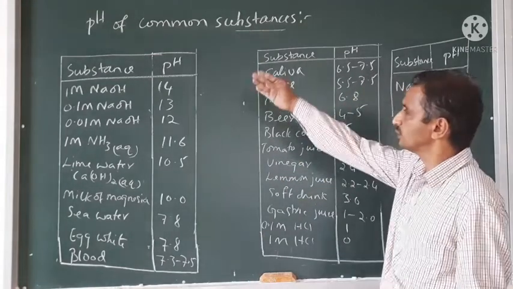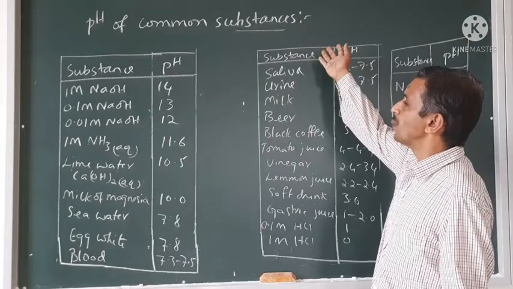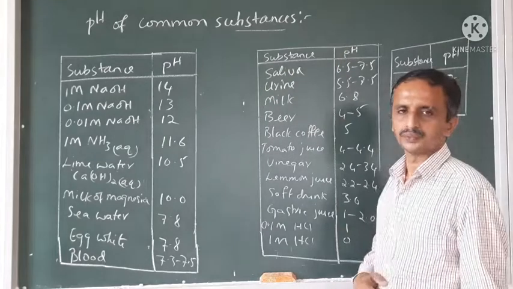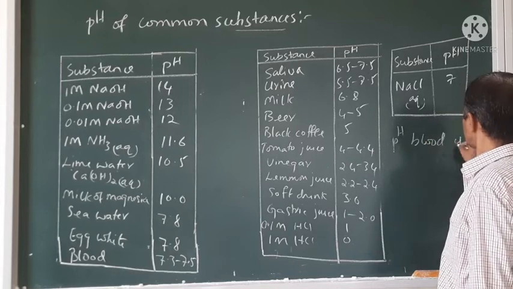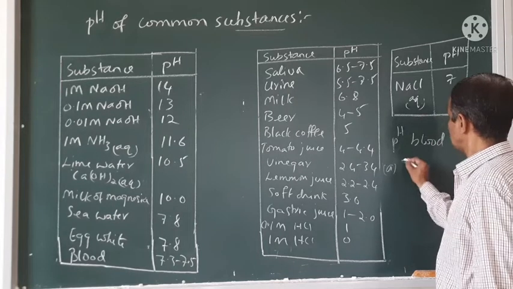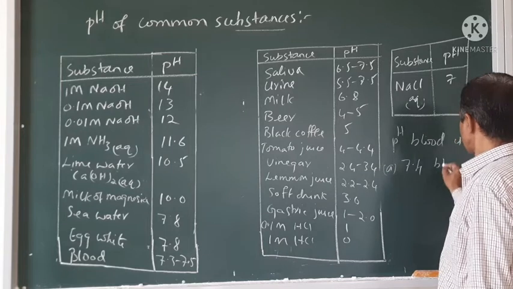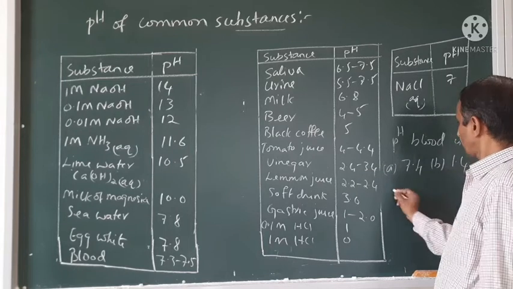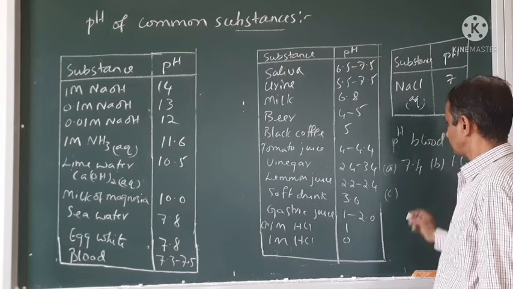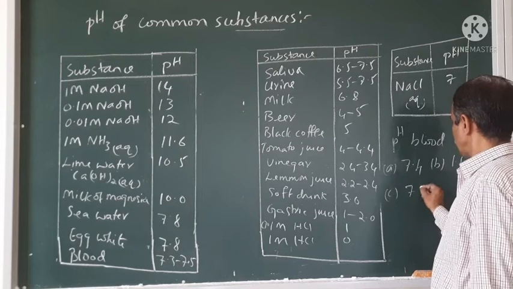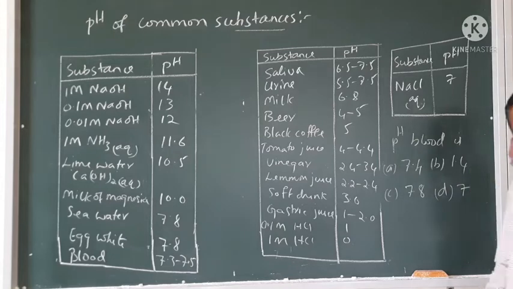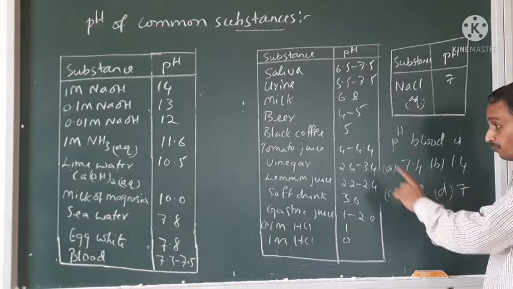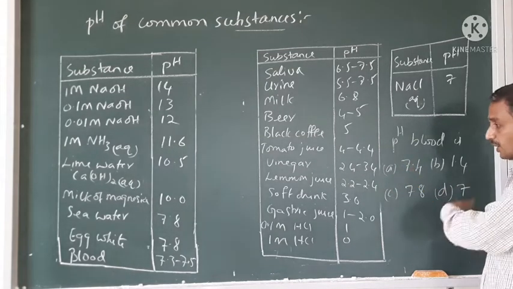Before that, just see here. pH of some common substances. pH of the blood is: A 7.4, B 1.4, C 7.8, D 7. See, he did not give the range.